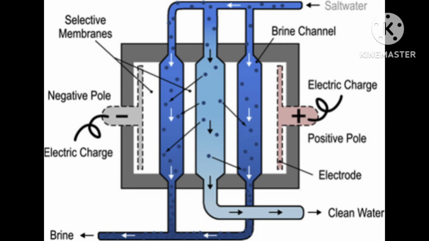Cation is positively charged, it will go to the negatively charged cathode. Anion is negatively charged, it will go to the positive anode. A will go to A, C will go to C.